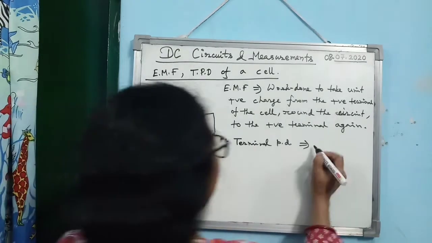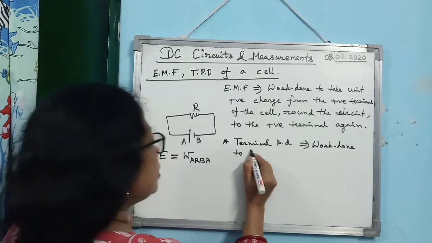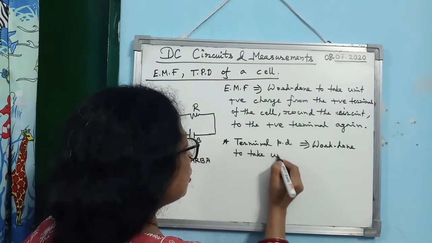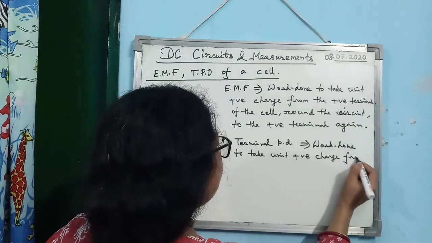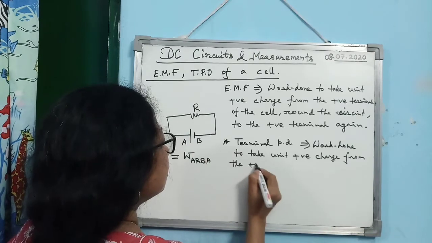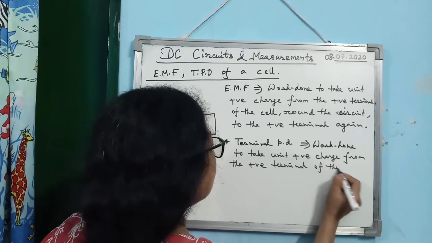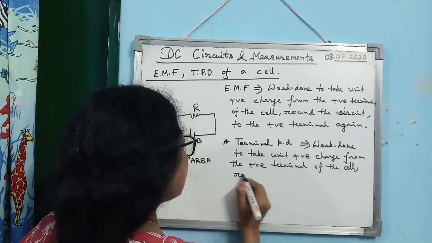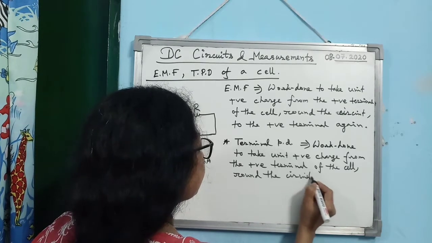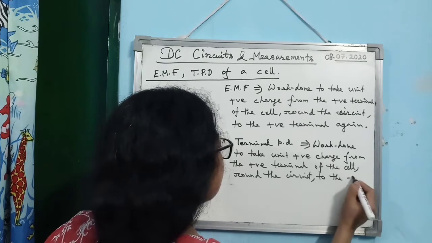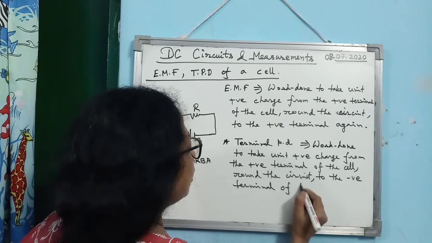Terminal PD is the work done to take unit positive charge from the positive terminal of the cell round the circuit to the negative terminal of the cell.